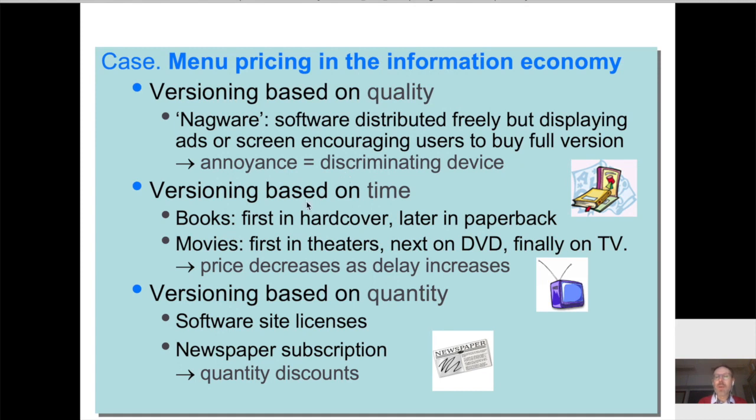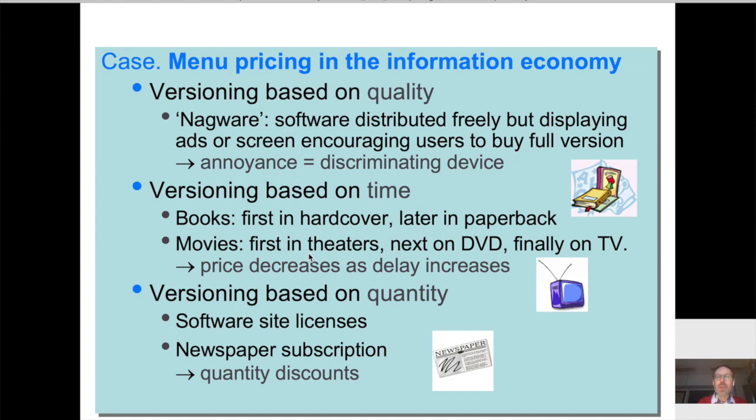Now, what is very common also is to have different versions that will be released at different time periods. The cheaper version, for example for a book, the paperback, will be released later, and it is meant for consumers who are not so obsessed with reading the novel of a particular author immediately and can wait typically one year to get the book at a lower price.